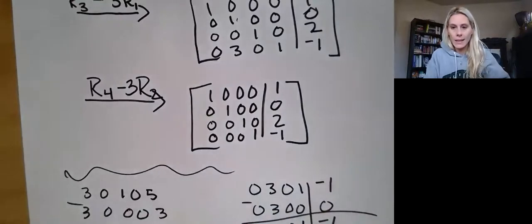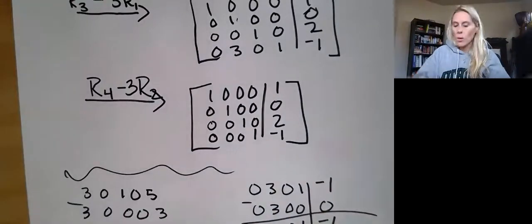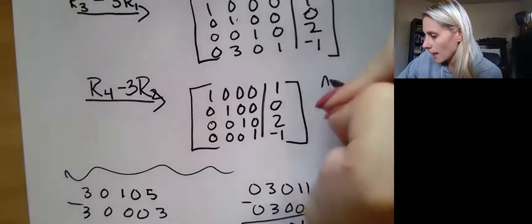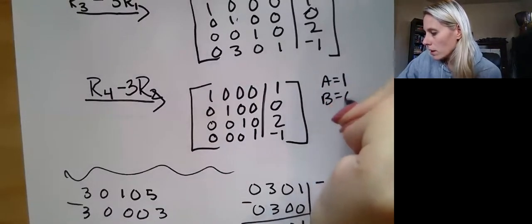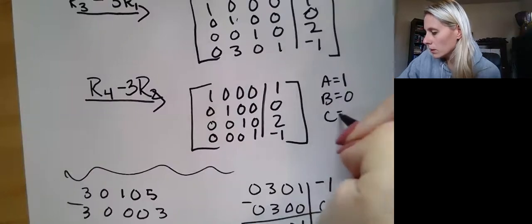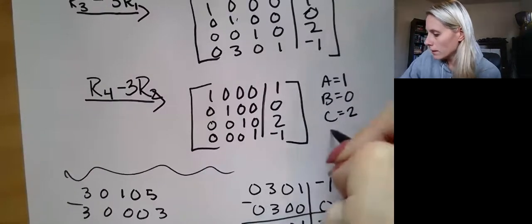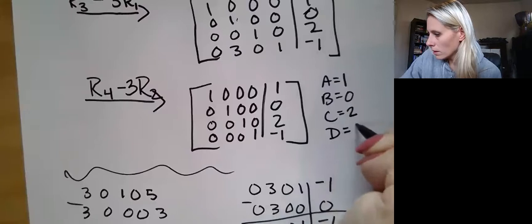So exactly what does that mean right there? Well, that means A equals 1, B equals 0, C equals 2, and D equals negative 1.